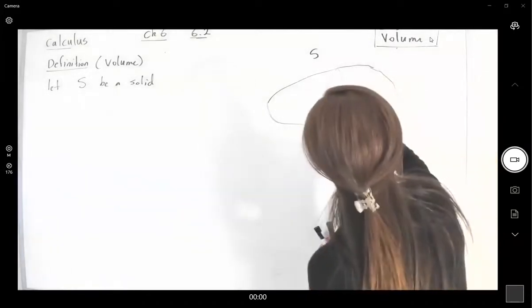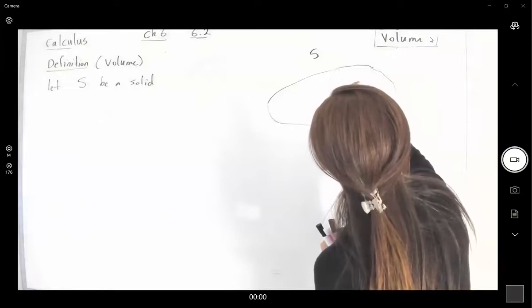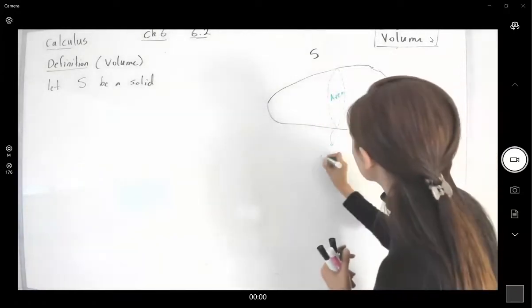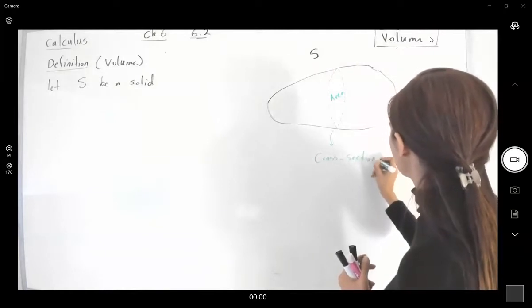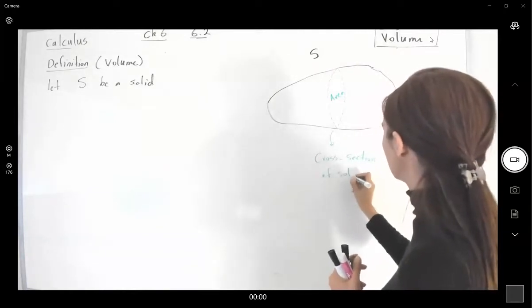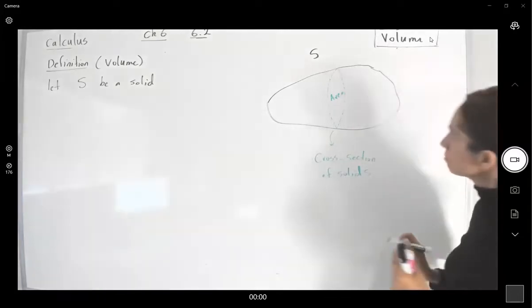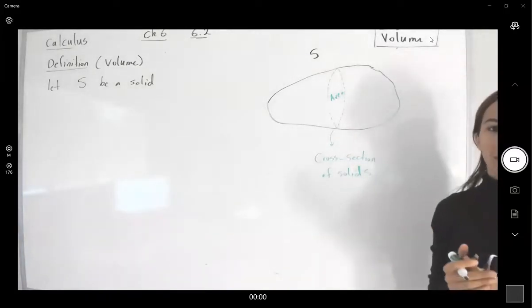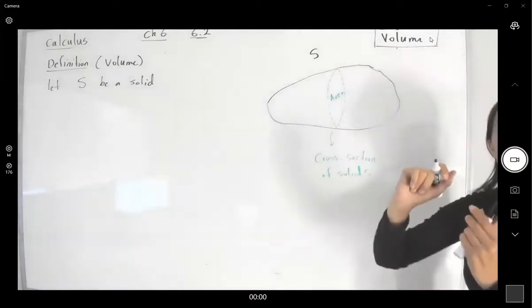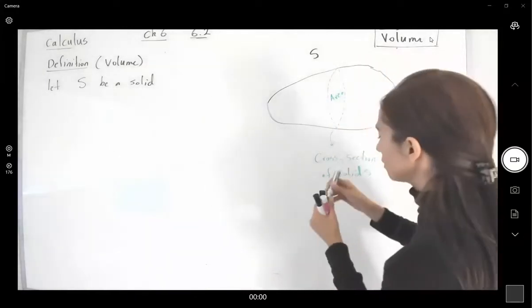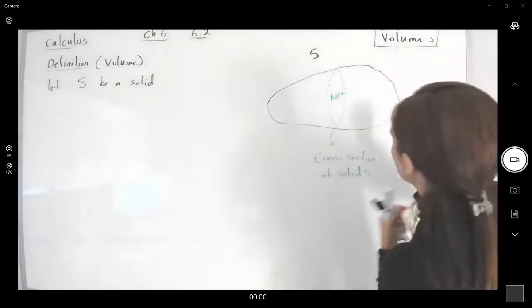So the area of this cross-section, so this is a cross-section of solid S. We can continue this process. We can find this area, this little area, then another cross-section here, another area.